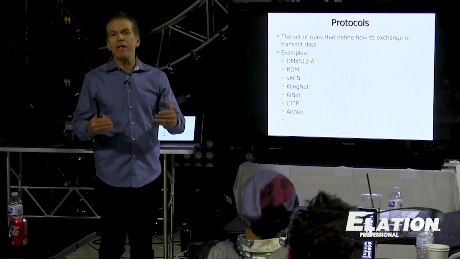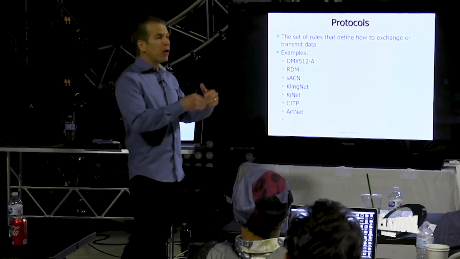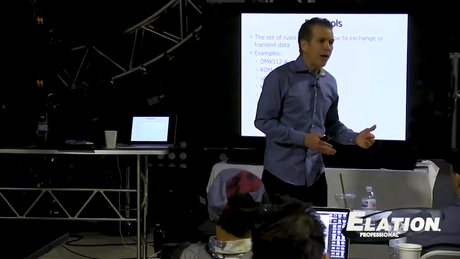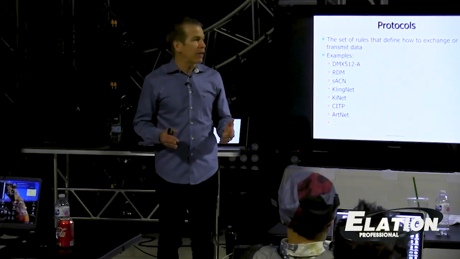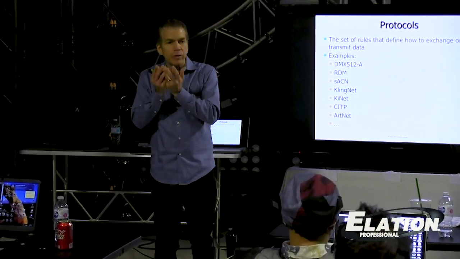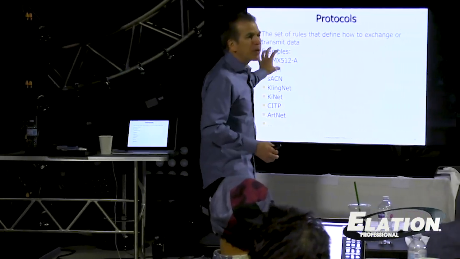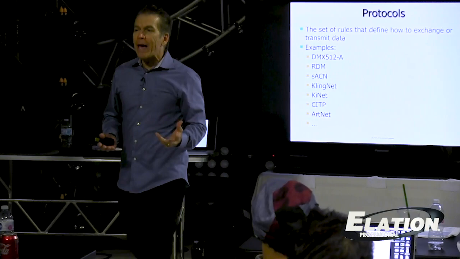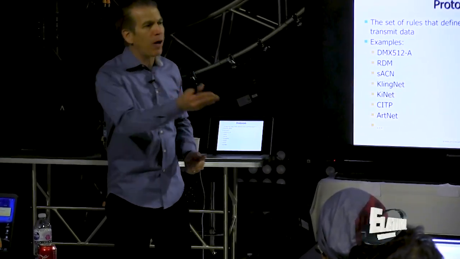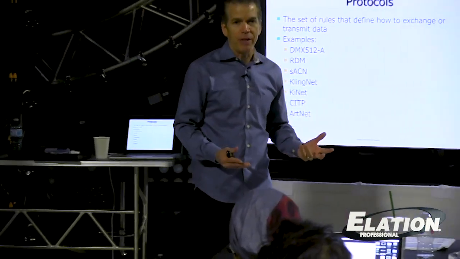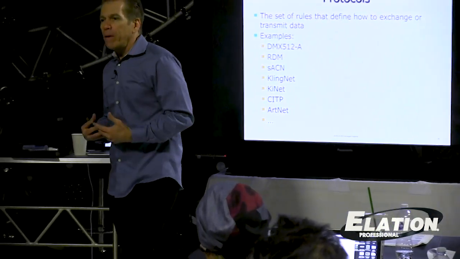They're developed by committee, with volunteers in the industry, and it goes through a rigorous process whereby the industry develops a consensus that that's how we want this protocol to work. The advantage is those become interoperable, so it doesn't matter what gear you're using. Whether it's an M series, a grandMA, or a Hog console, DMX is DMX, and it should work exactly the same. That's an interoperable protocol.